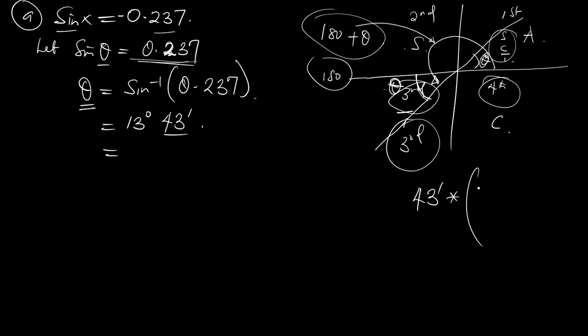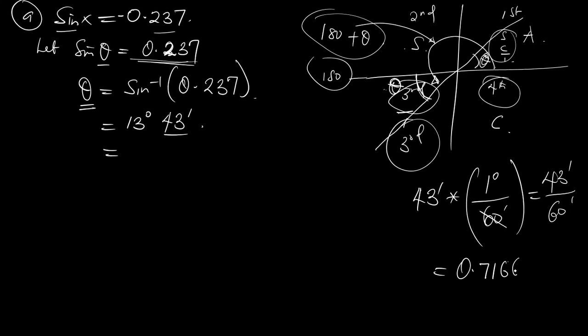Since 1 degree is equivalent to 60 minutes, the minutes will cancel, so we divide 43 minutes by 60 minutes. We have about 0.71666. Okay, continuing. Now that means this should be 13.72 degrees.